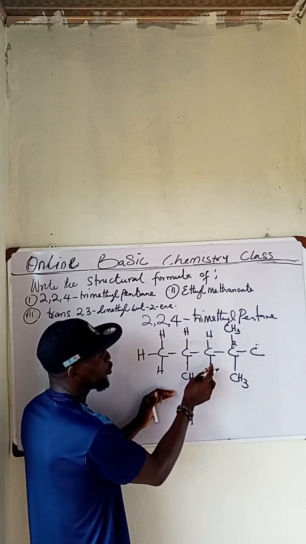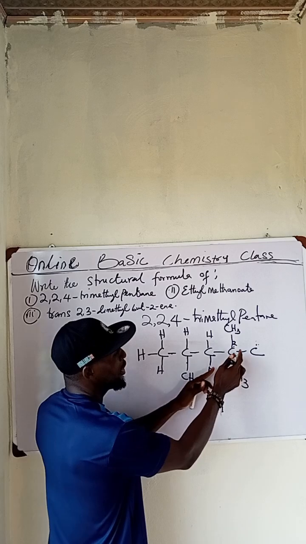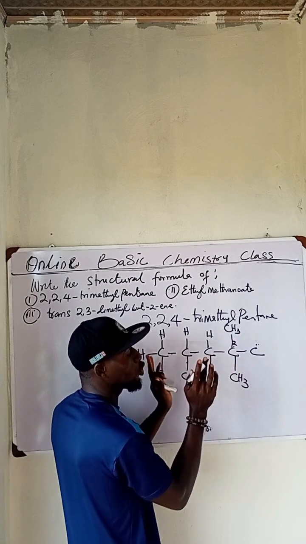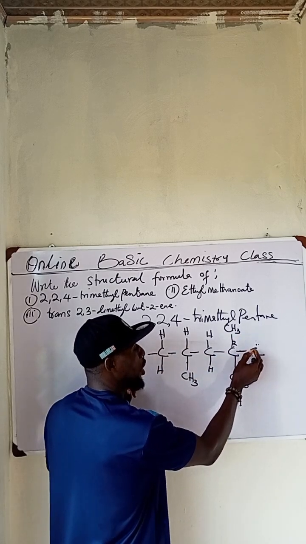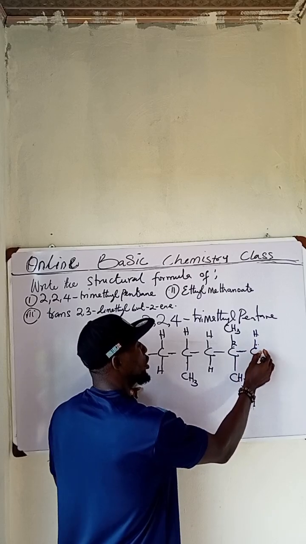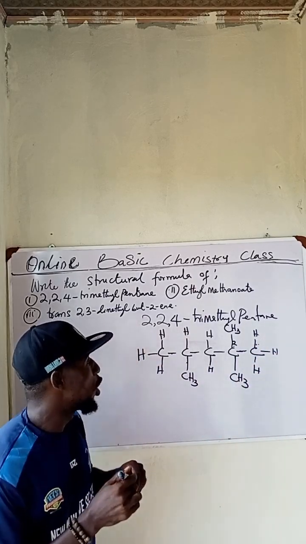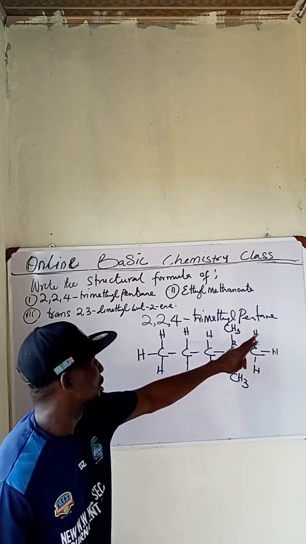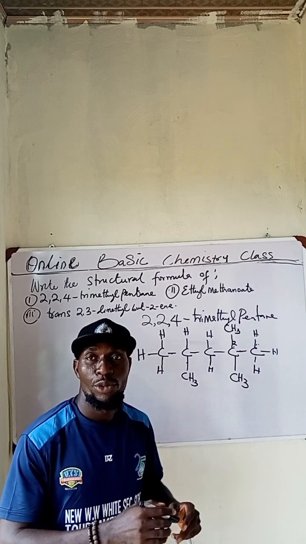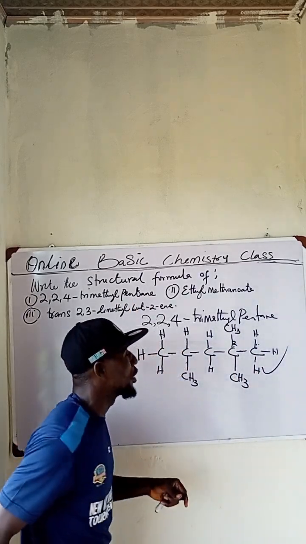Now this other one has 4, so it's complete. The last one has only 1, so I put 3 hydrogens to make 4. And voila, we are done with 2,2,4-trimethylpentane. Full mark.